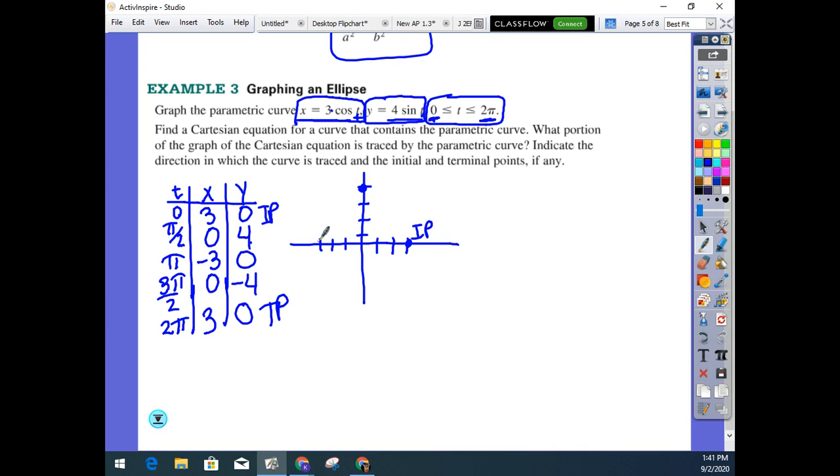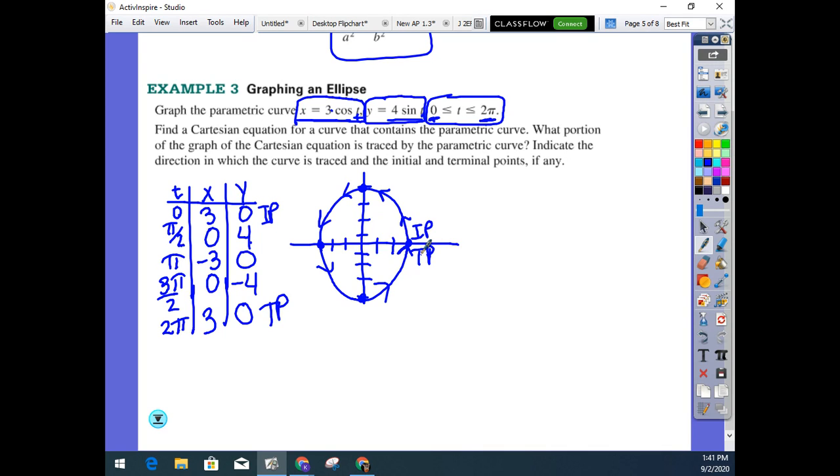Negative 3, 0, 0, negative 4. I'm starting here, going all the way around, moving in this direction. And my terminal point ends at the same spot as my initial point.